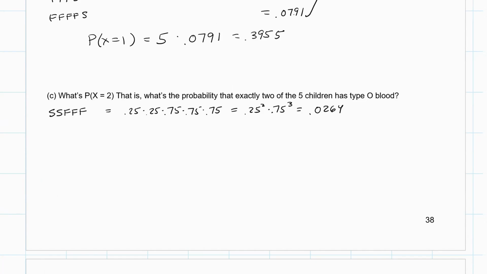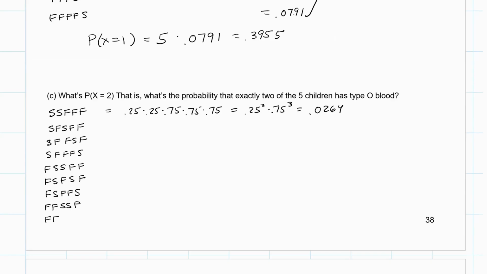Well, how many other ways are there? Well, how about success, failure, success, failure, failure? How about success, failure, failure, success, failure? Success, failure, failure, failure, success? Failure, success, success, failure, failure? Failure, success, failure, success, failure? Failure, success, failure, failure, success? Failure, failure, success, success, failure?